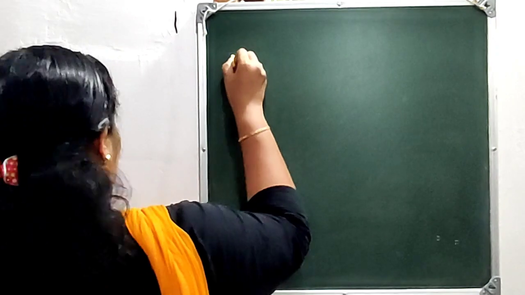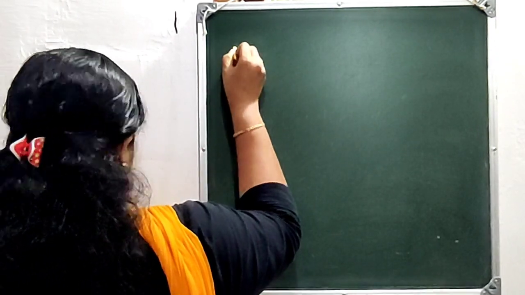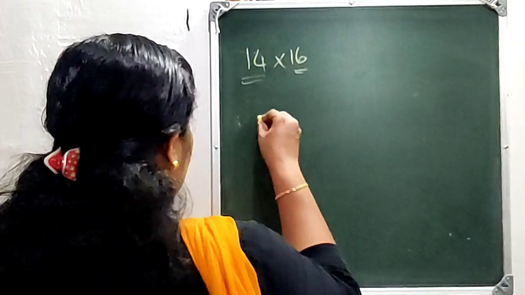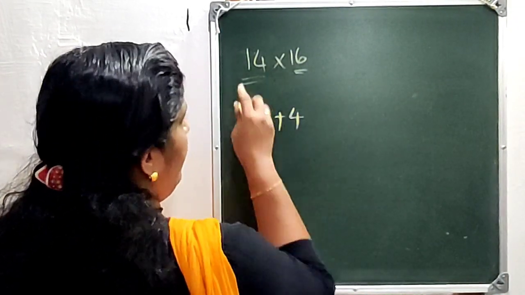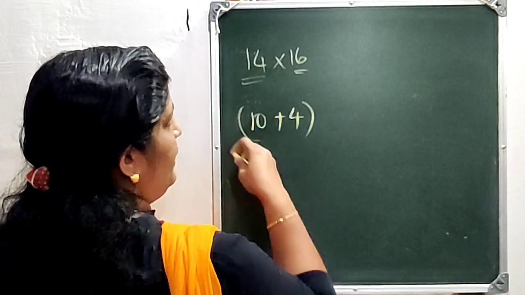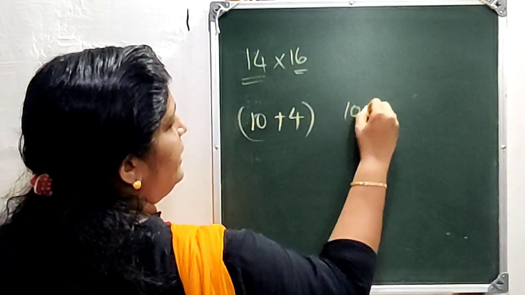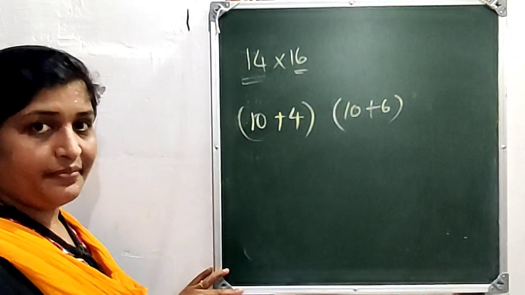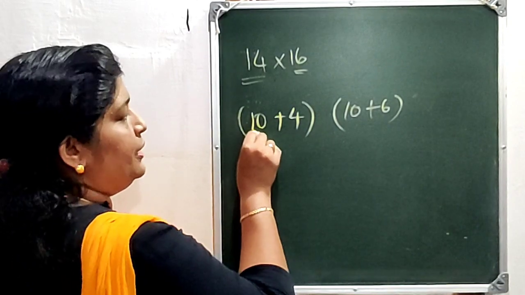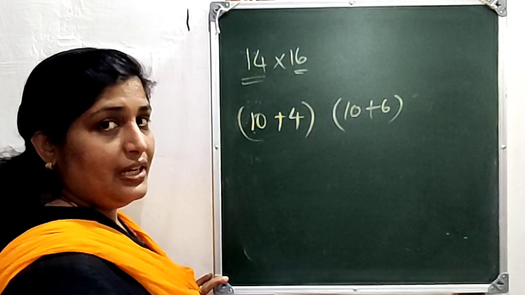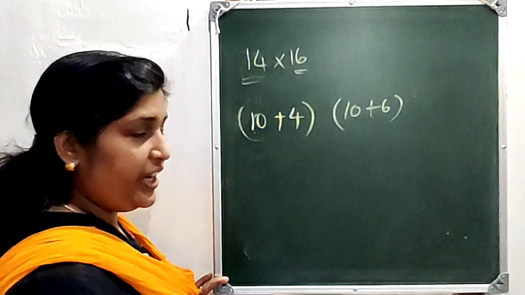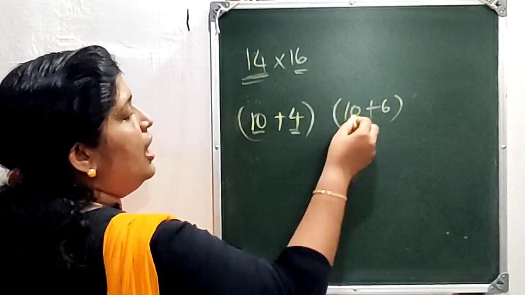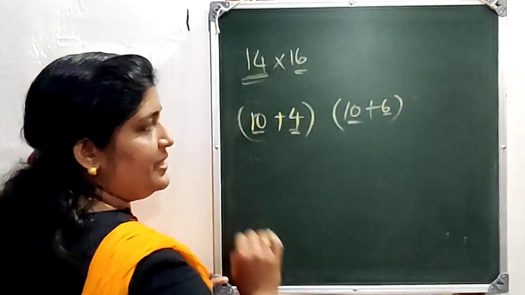For example, here we have 14 into 16. We can write 14 as 10 plus 4 and 16 as 10 plus 6.